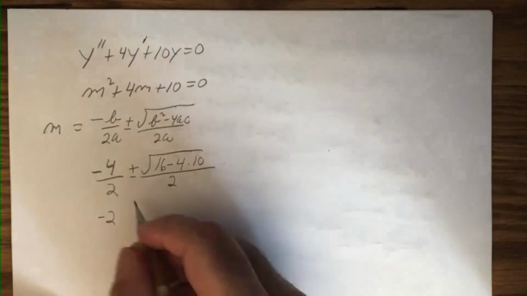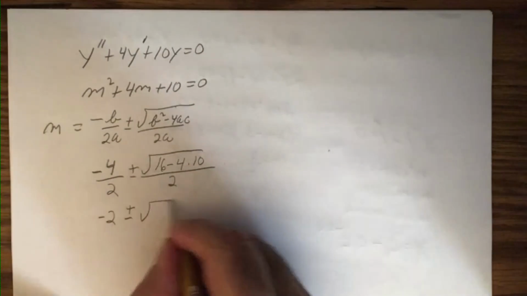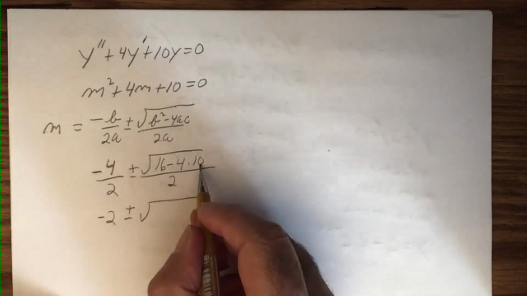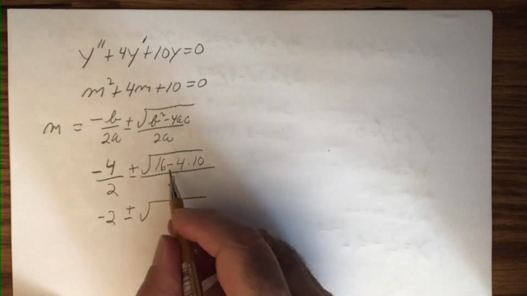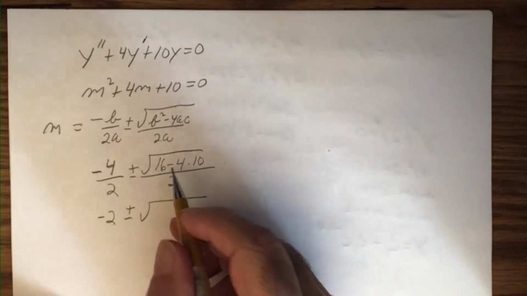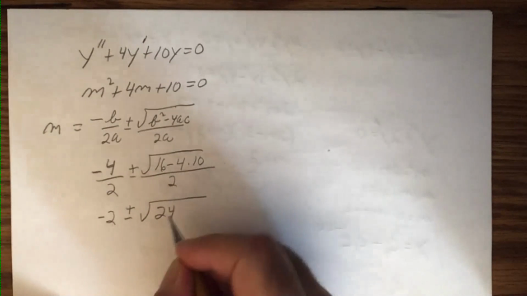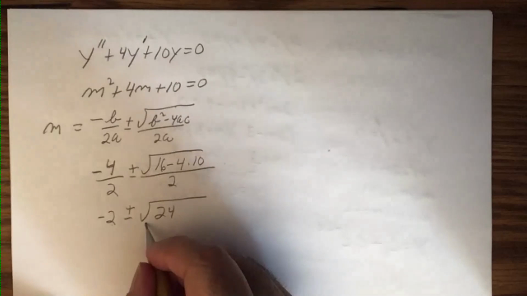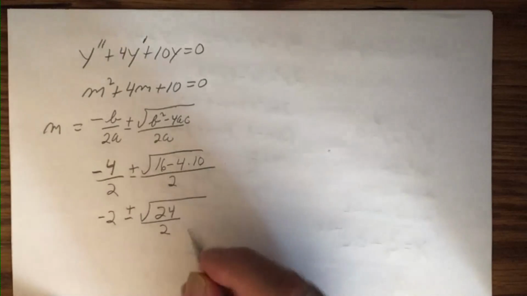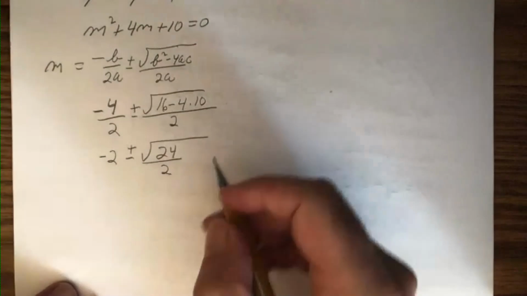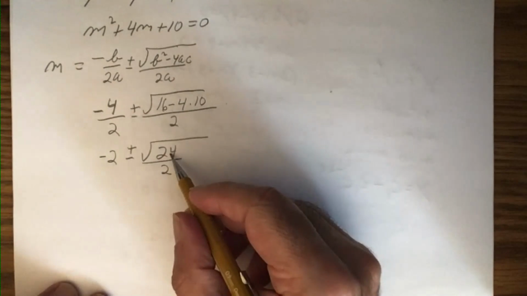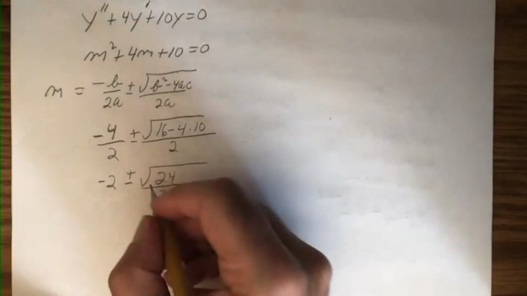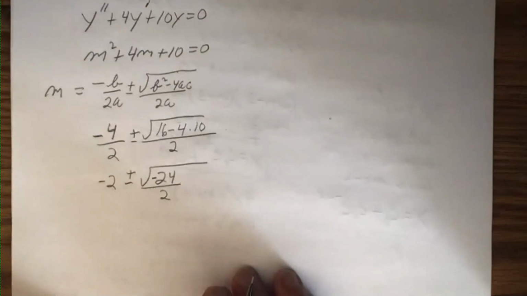So this is 40 minus 16, which is 24. Is that right? Isn't it negative 24? Oh, negative, exactly right. Negative 24.